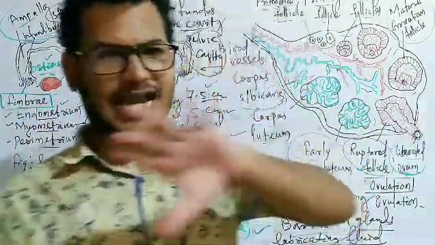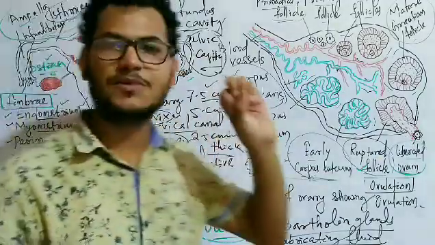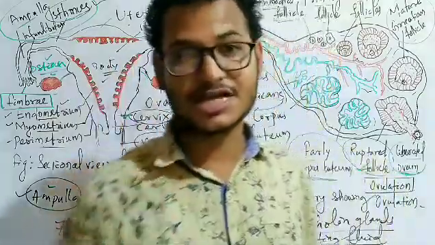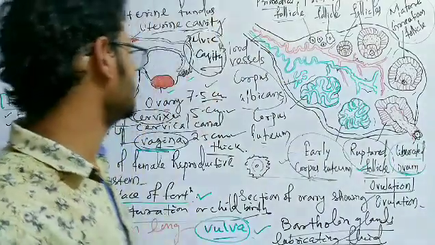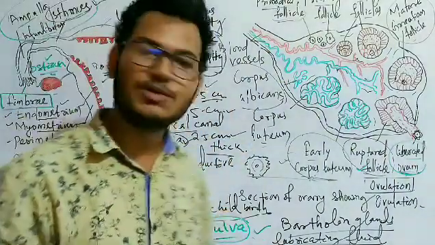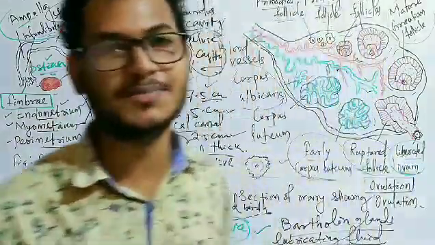This video contains A to Z of the female reproductive system, starting from the primary sexual structure of female to the secondary and the supporting structures. All are there in this video session, so you can get a complete idea about the female reproductive system.